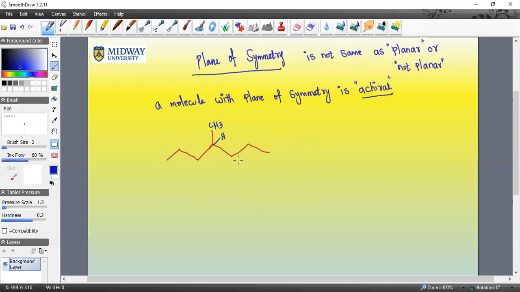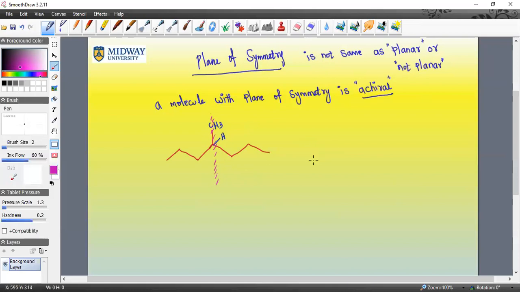For molecules that are not cyclic, you can just say it is not chiral because there's not a single carbon here that has four different things attached to it. But this might seem chiral, and it's not, because I'm going to show it with a different color, perhaps pink. If you cut this molecule exactly in half, right along the middle where the CH3 is, it looks exactly the same.